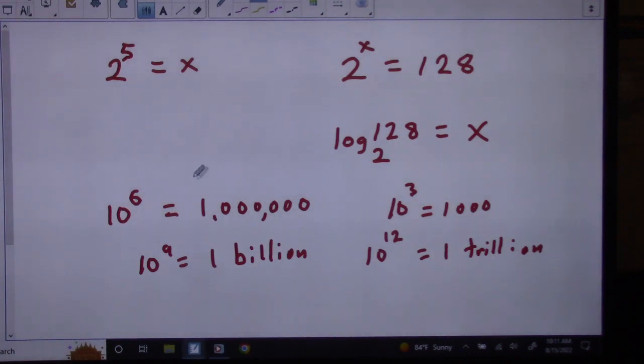So anyway, what we have is a language we can use, and we use logarithms for that when we don't know what it is.